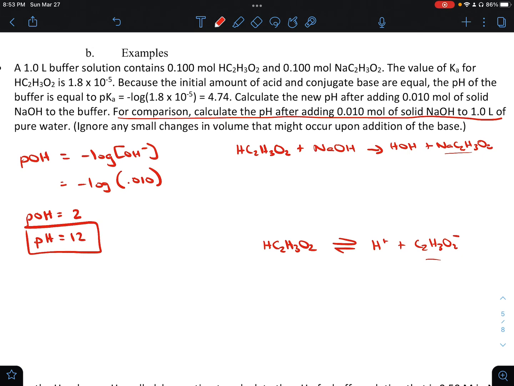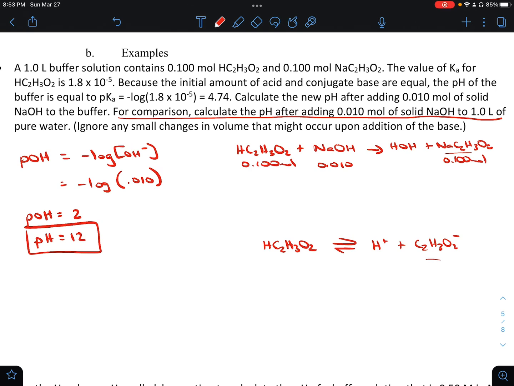All right, so let's see what we got here. Initially we started with 0.100 moles, and over here we had 0.100 moles. And now we also have 0.010 moles.